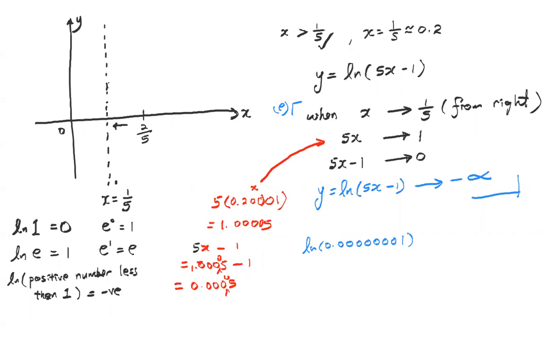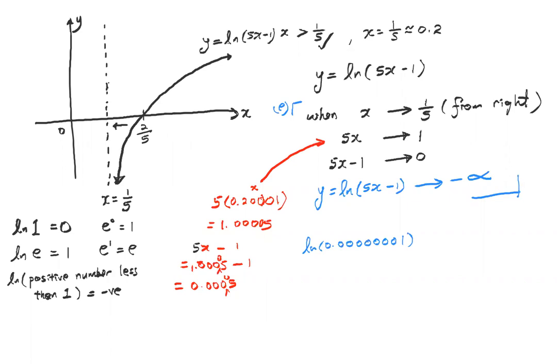From here, it goes down, approaching negative infinity. Because as long as x is less than 2/5, 5x minus 1 will be less than 1, so the ln will be negative. Then the rest will be positive. So this is my y equal to ln(5x minus 1).